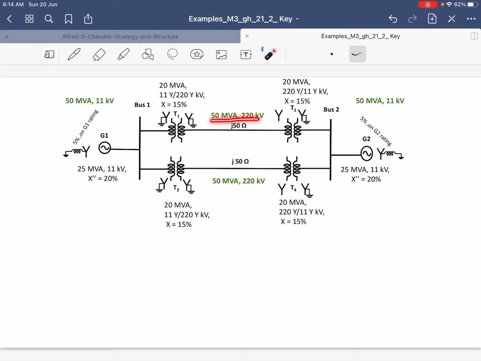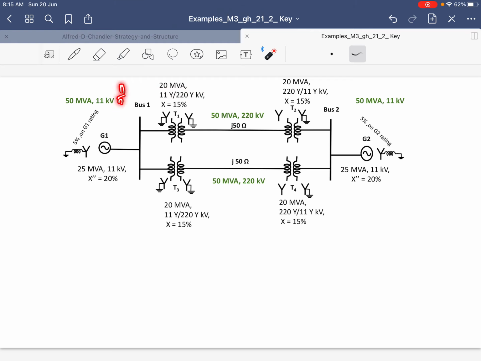Then first you have to transfer this base quantity to all the parts of the circuit. Here everywhere the new base quantity is 50 MVA, that remains the same. Here it is 220 kV. Then this transformer T1 is 11 by 220, therefore this 220 can be transferred through to this side.